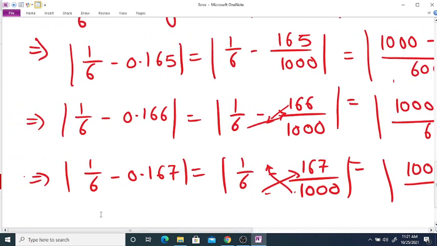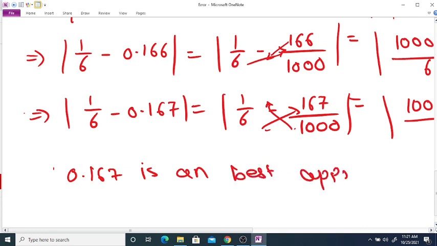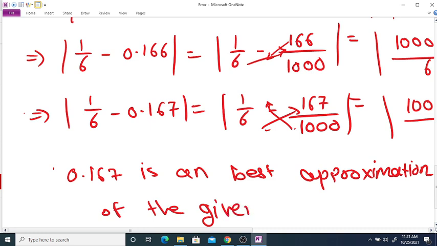So the best approximate value is 0.167. 0.167 is the best approximation of the given number 1 by 6.